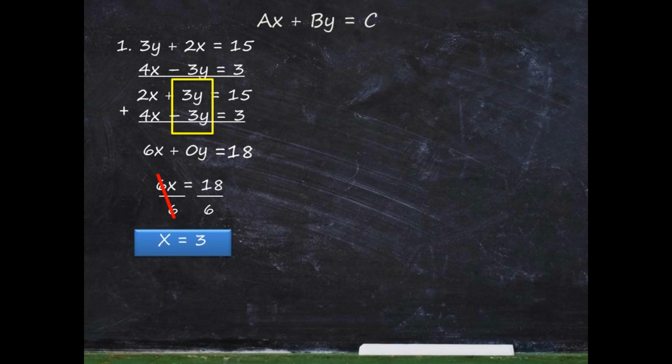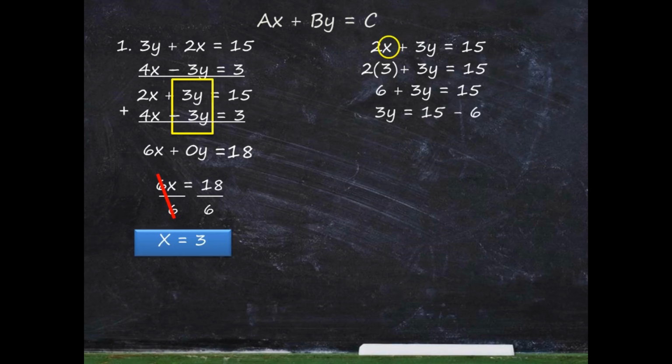Since we already have the value of x, we will simply substitute the value of x in one of the given equations and solve it to get the other variable. We will use the first equation, 2x plus 3y equals 15. We will substitute this x with 3, which is its value. So 2 times 3 plus 3y equals 15 is our new equation, which will give us 6 plus 3y equals 15.